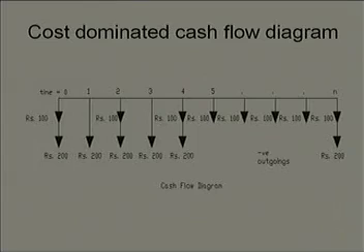What is the peculiar thing about this diagram? All the transactions that you see here are shown on the negative side, downward direction, which represents cost, right. For example, a company is buying an equipment for $5,000, and it has to pay $400 every quarter towards its repair and maintenance.